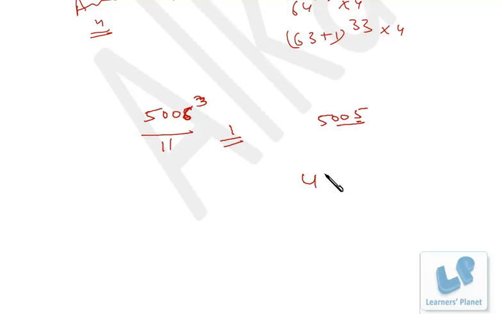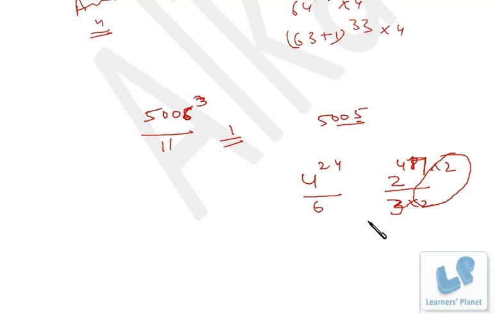Similarly, if I tell you, say, 4 to the 24 divided by 6, what will be the remainder? In this case we have 2 as a common factor between 4 and 6, so that can be broken up. So that's actually 2 raised to 48, and this is 2 into 3, right? So 3 into 2, here I can take 2 as common, right?